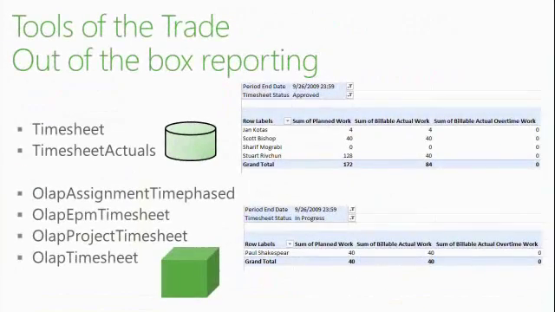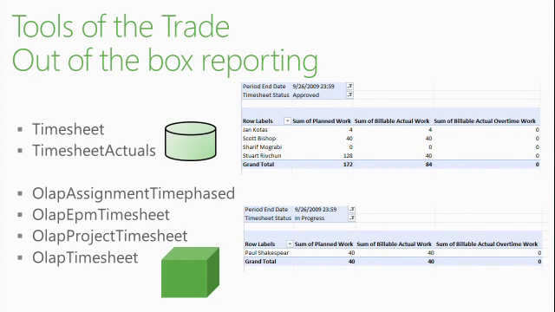You can use Timesheet Actual as relational tables, or you can also use the cubes called OLAP assignment time phase, OLAP EPM timesheet, project timesheet, OLAP timesheet. All these are documented in the Project 2010 SDK. It documents the reporting database completely, with every column, every table, and it also documents what each cube is made of, okay? Dimensions and measures.